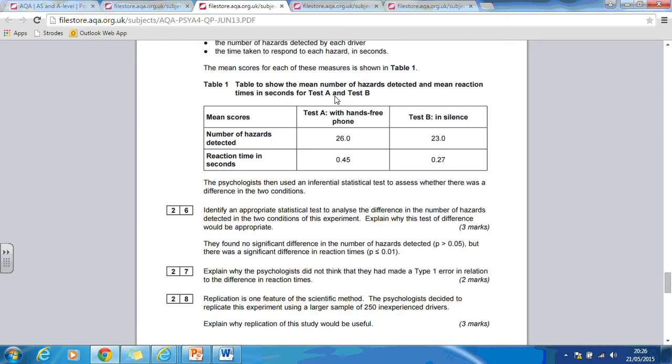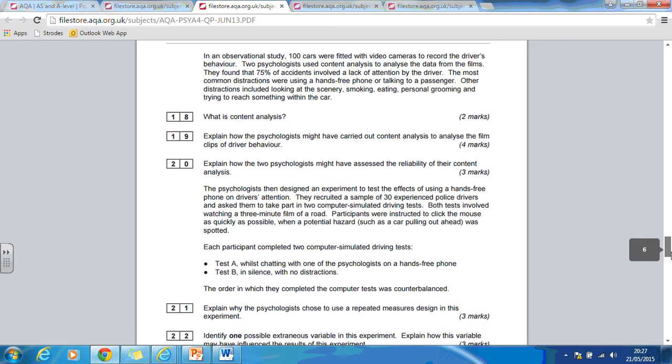Right, for this, you need to identify the appropriate statistical analysis. You essentially need to draw the diagram and figure it out from the scenario. Okay? Look at the scenario and you have to figure it out. Is it ordinal data?